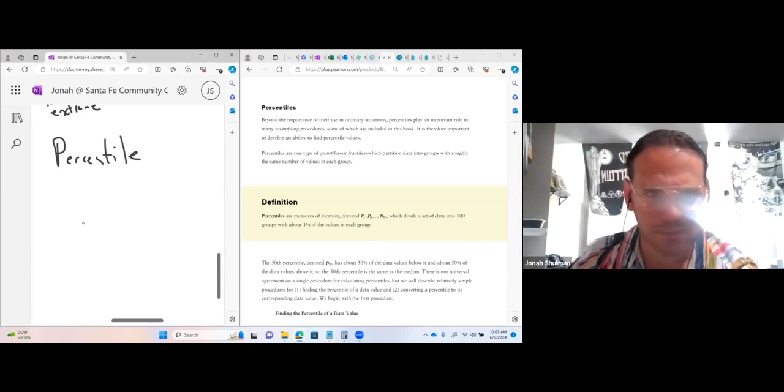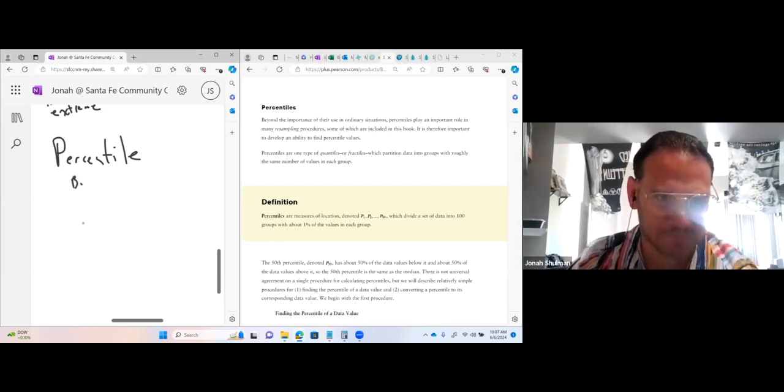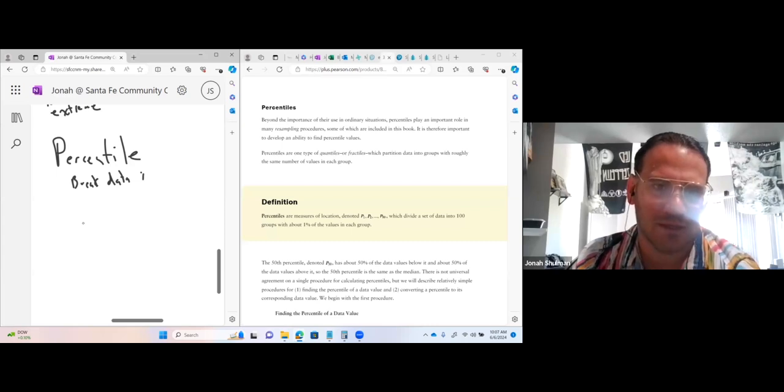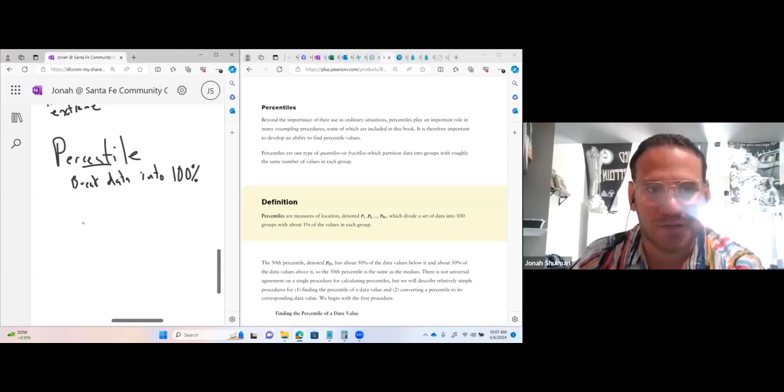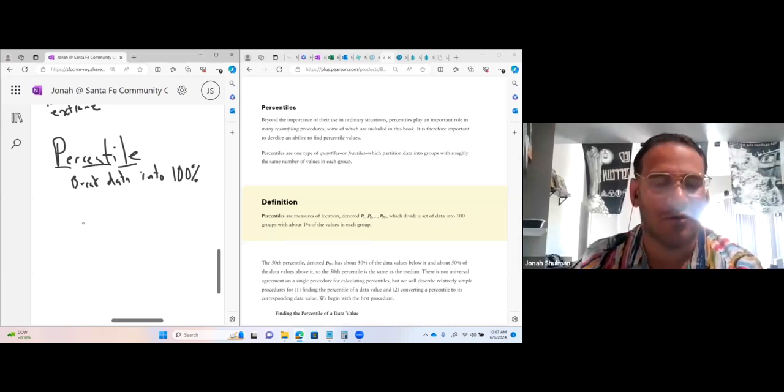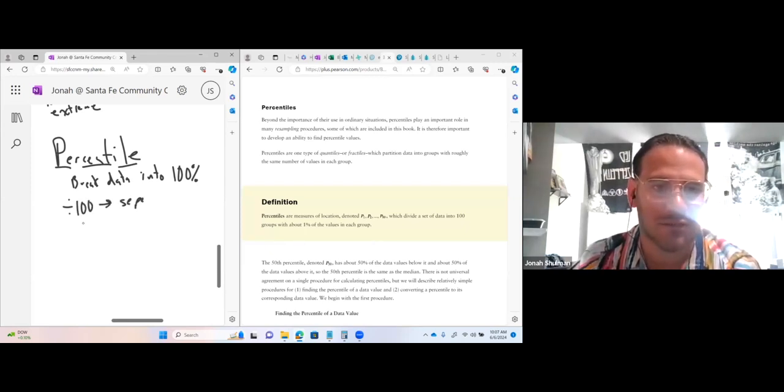So it's basically just breaking the data into 100 pieces. Remember, cent is 100, per, we divide by 100, and we're tiling it. So then we're separating it into every piece. That's how I think about it.